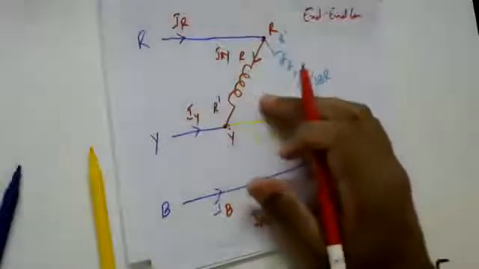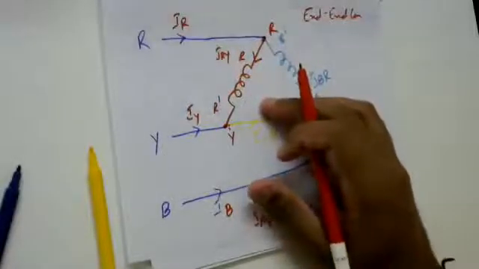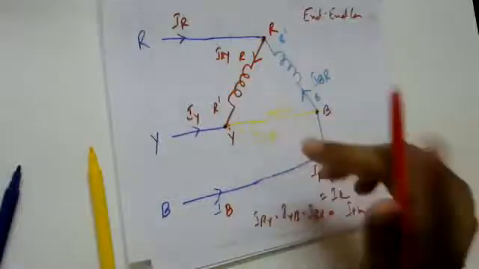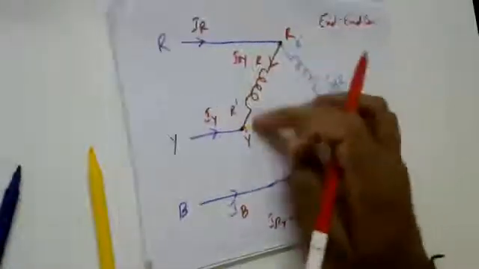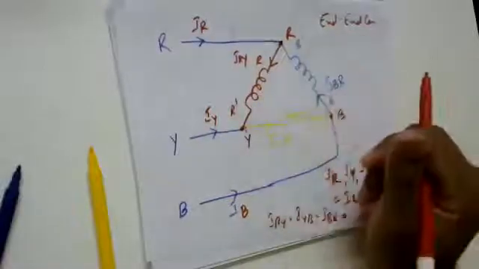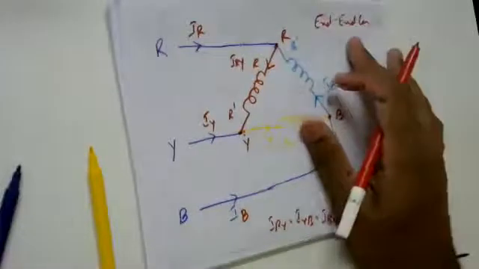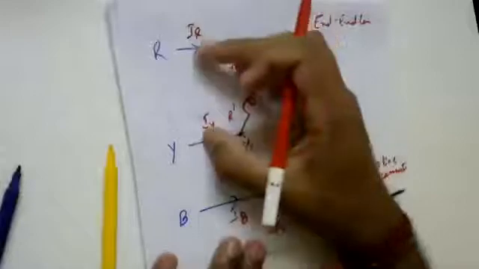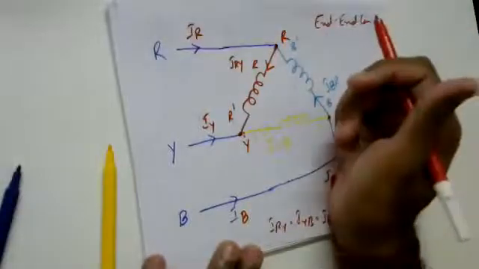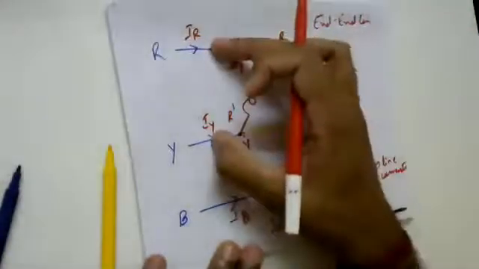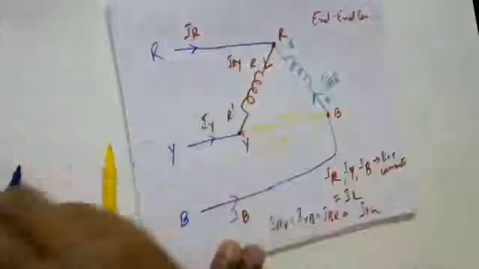But if you see the voltage, you are having only one type of voltage. There is no neutral point in the delta connection. So I cannot measure any voltage between one of the phases and the ground because there is no neutral point. By default I have to measure the voltage between the two phases.